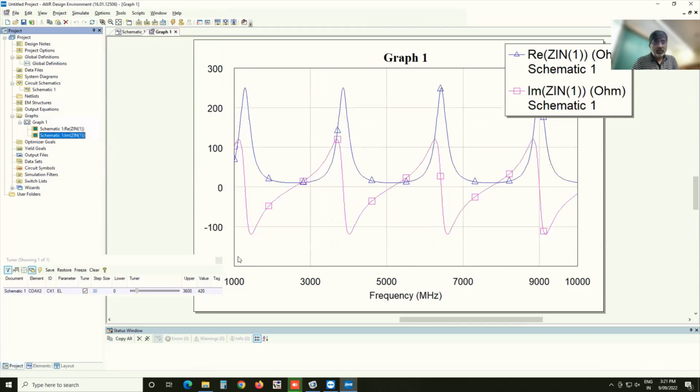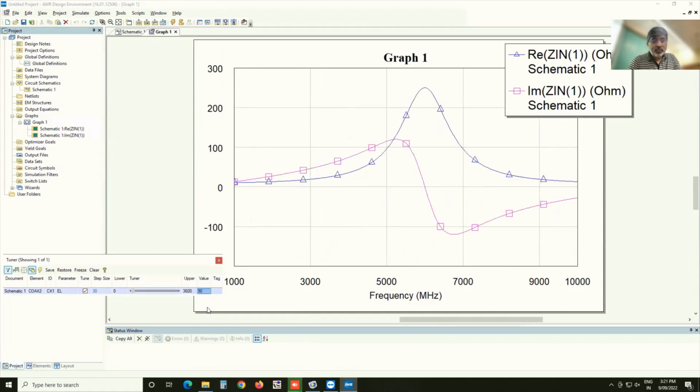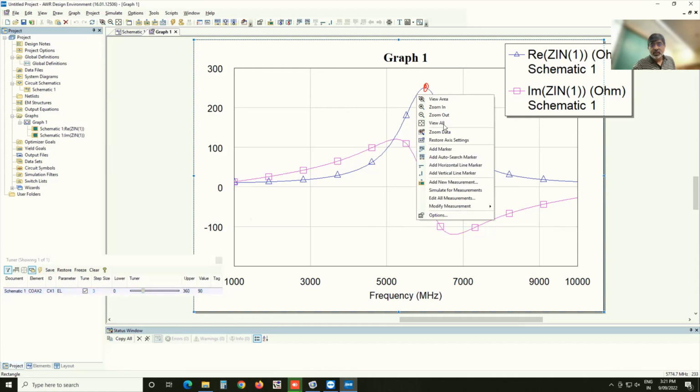Okay. And in order for it to be simpler, let me make this go back to this 90-degree length. So remember, we saw this maximum value happening here, which was basically at 6 gigahertz. So you can actually see that by adding a marker.